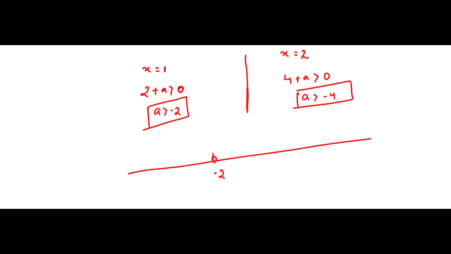Yes. Now the next inequality, a is bigger than minus 4. Let me choose a different color. Here we have minus 4 with a hollow circle, and a is bigger than minus 4, right? Yes. Now can you tell me what will be the common solution, the intersection, the common part?